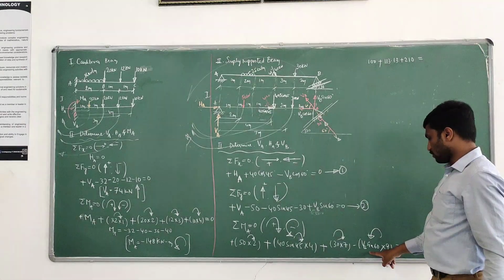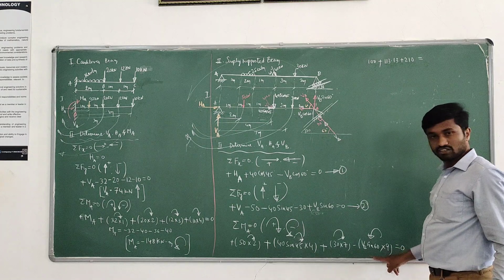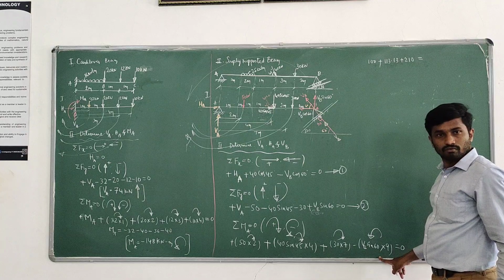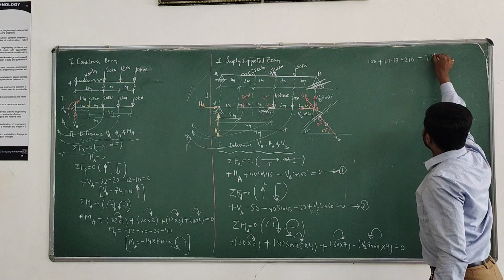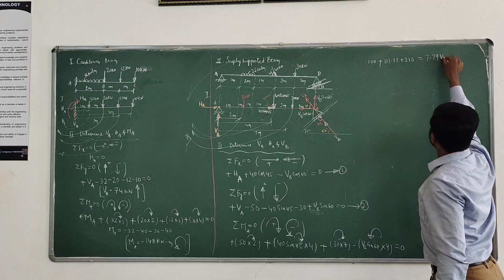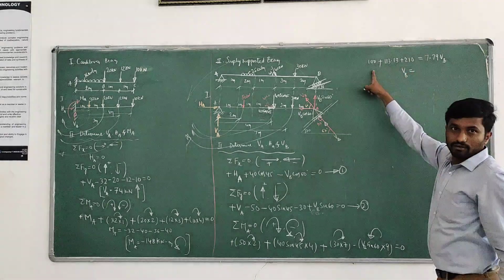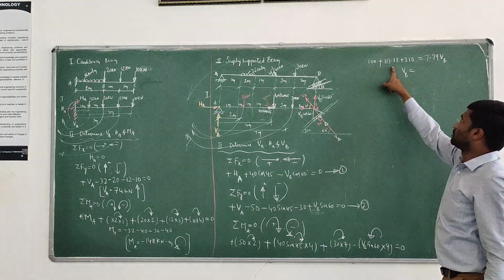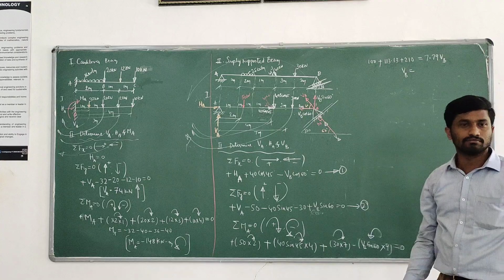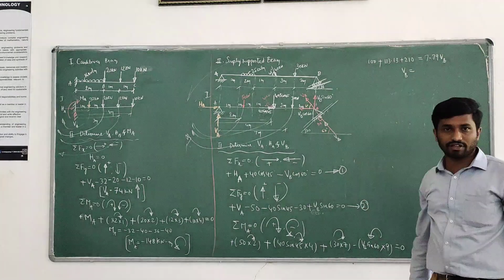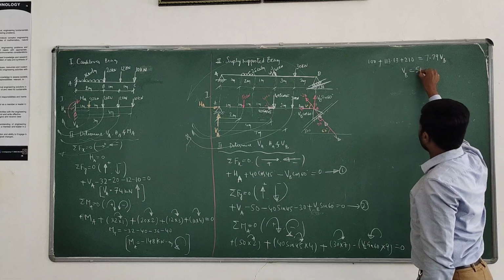What is the value of sin 60 into 9? 7.79, that is 7.79 times VB. Now what is VB? VB equals 100 plus 113.13 plus 210 divided by 7.79. How much? 54.31.